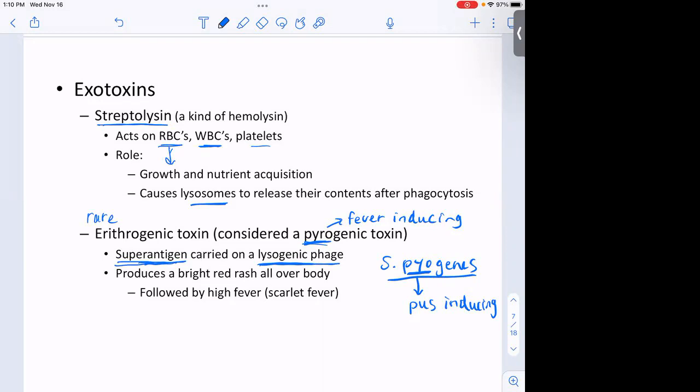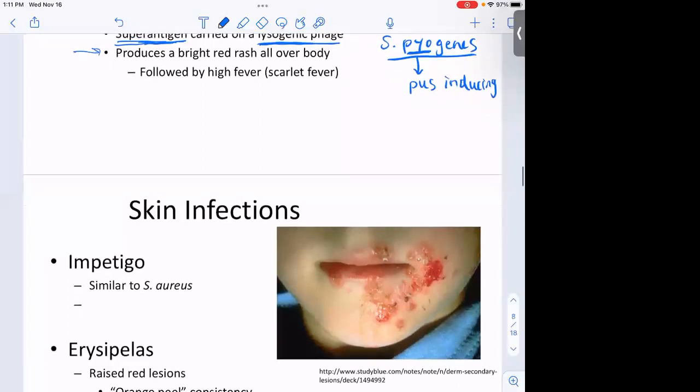So we think only the strep pyogenes that have been infected with the lysogenic phage have the ability to make this erythrogenic toxin. And it's an important toxin. It causes a bright red rash all over the body. And that's a disease that we know, the scarlet fever. So we'll look at that in just a minute when we look at the different diseases.